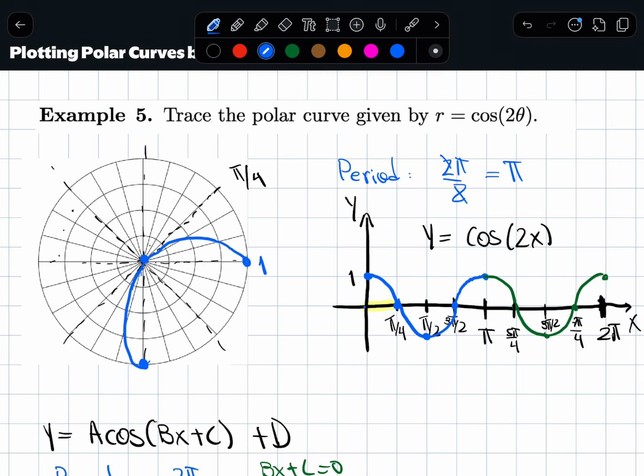And now again, I'm increasing. So I'm here. I've already covered this portion. Now I'm going to cover this portion from pi over 2 to 3 pi over 2. I'm going to change from -1 to 0 again. So I was very far. It's going to be less negative, and then less negative, and then less negative. So my curve will trace something like this.